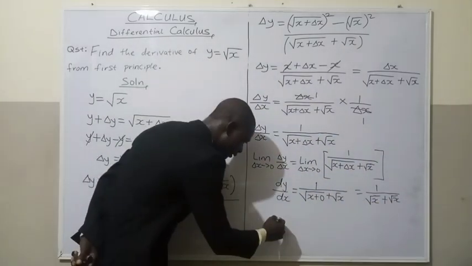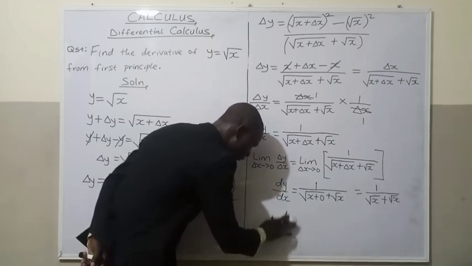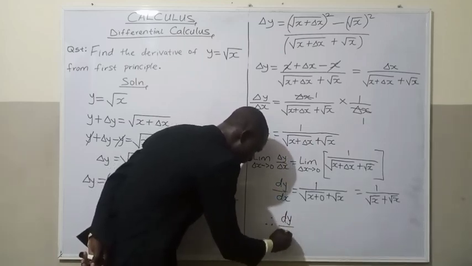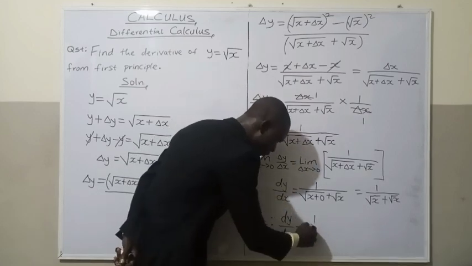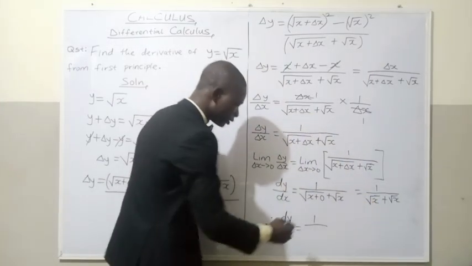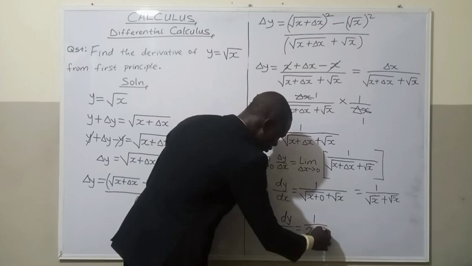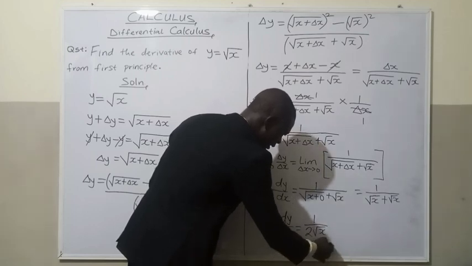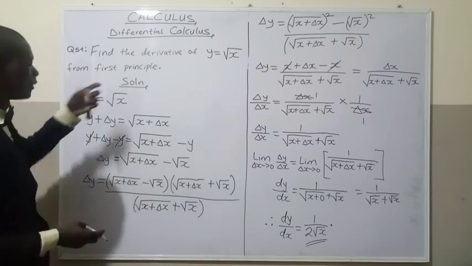And eventually it means that our dy by dx will be equal to 1 over (root x plus root x), which of course is going to give us 2 root x. That is the derivative using first principle.